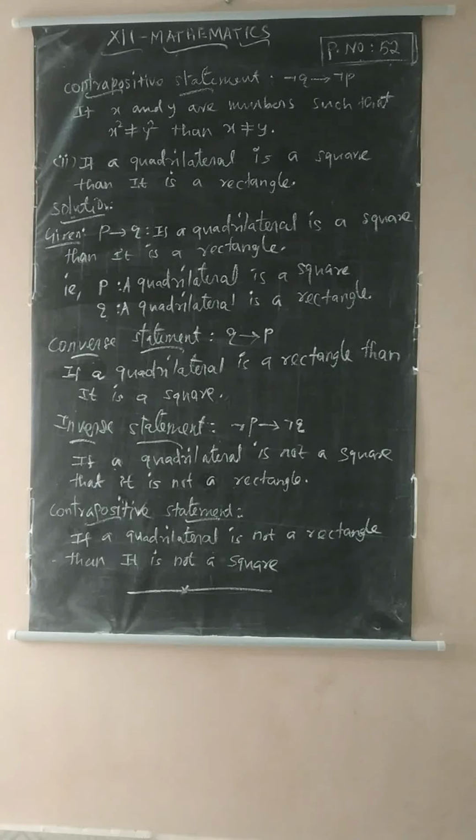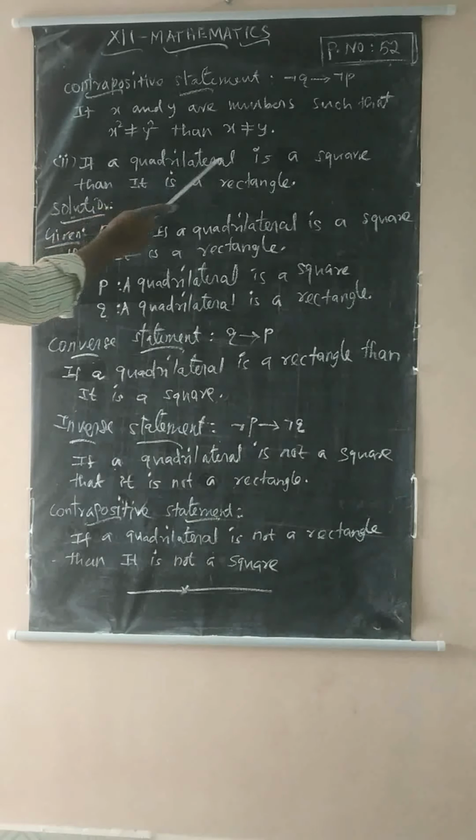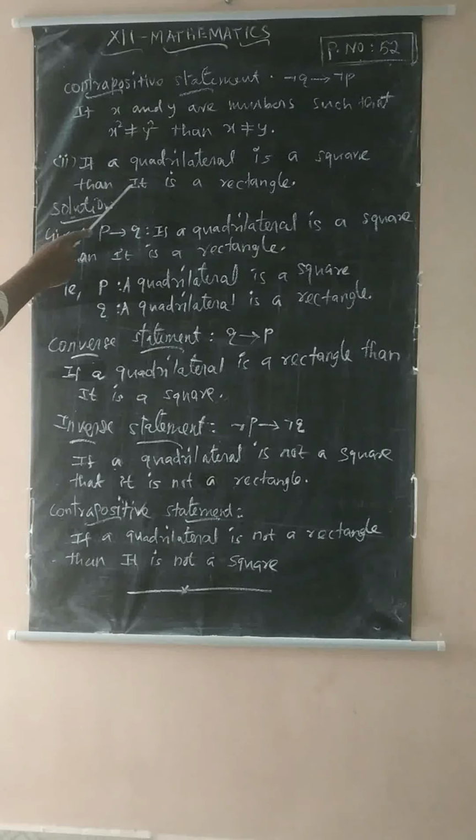Next, the second one. If a quadrilateral is a square, then it is a rectangle. We can write the converse, inverse, and contrapositive of this sentence, students. Okay, solution.